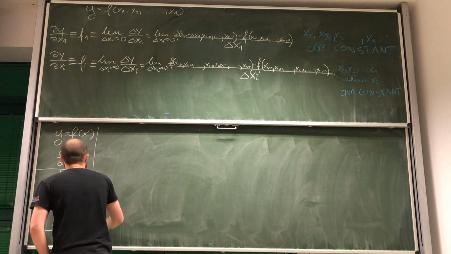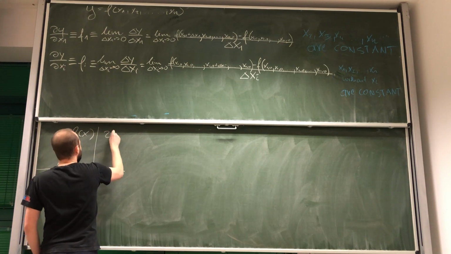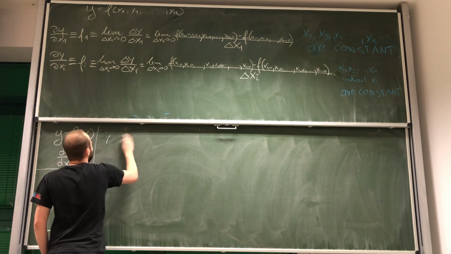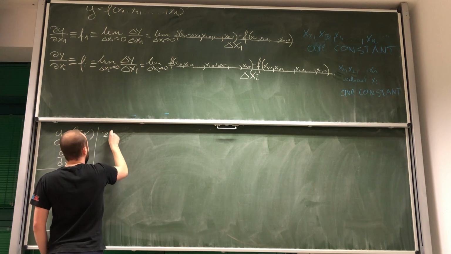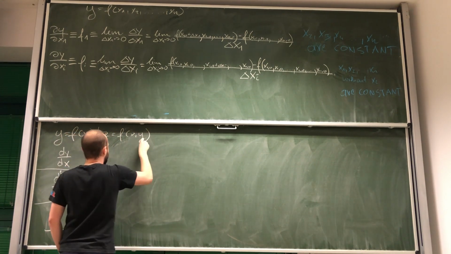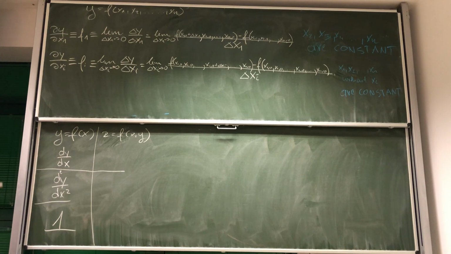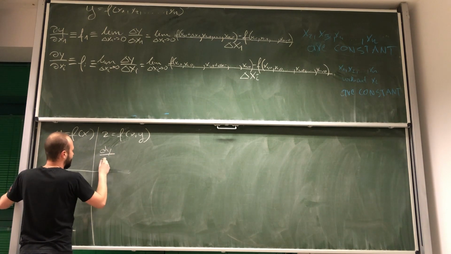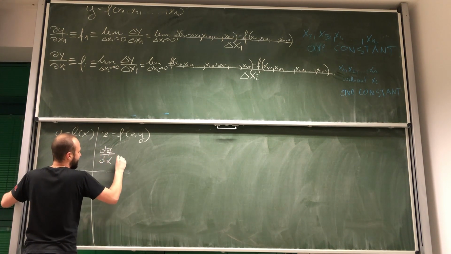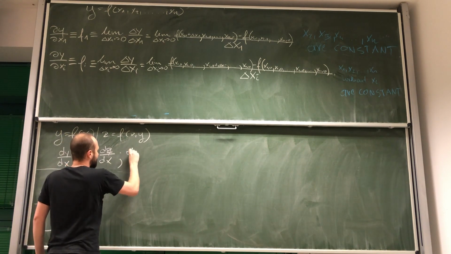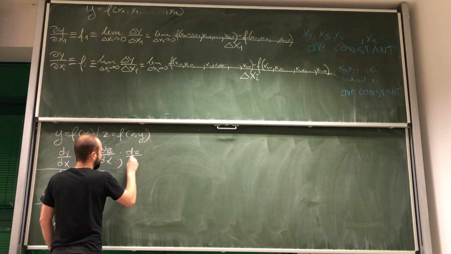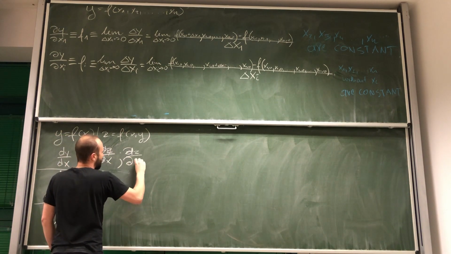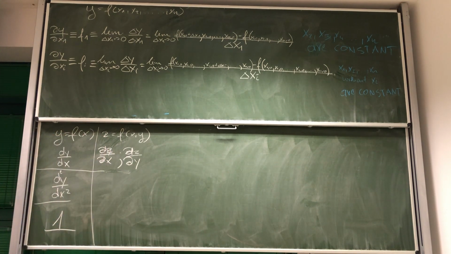Now if the function changes to z equals f of xy, now I can calculate here two partial derivatives, dz dx and dz dy. And look, imagine it like that.